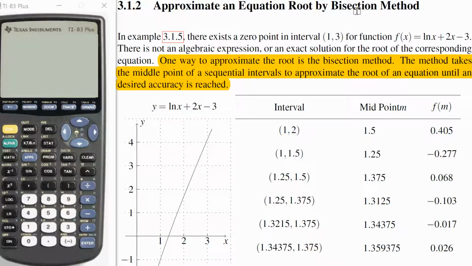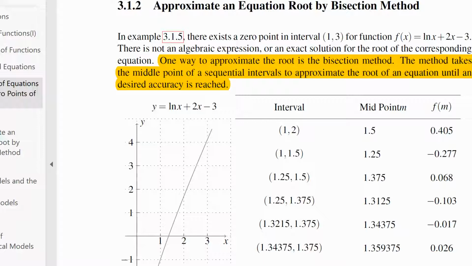In this video clip, we will see how we are going to approximate an equation root by the bisection method. We know the equation root is also the corresponding 0 point of a function.